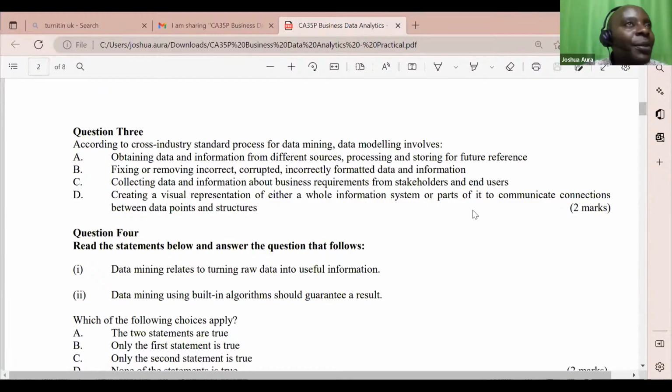The good thing with these multiple choice questions at times, you can also use the elimination technique, isn't it? And of course, most of these things will become clearer as we go on.